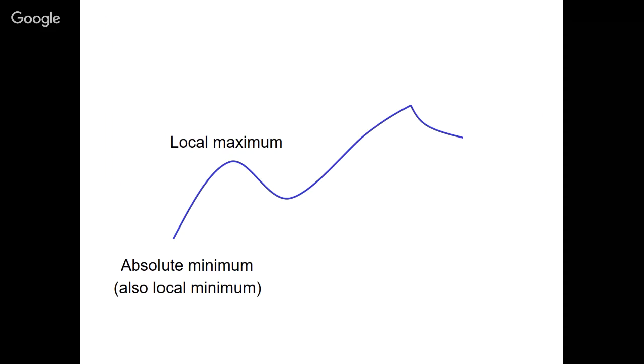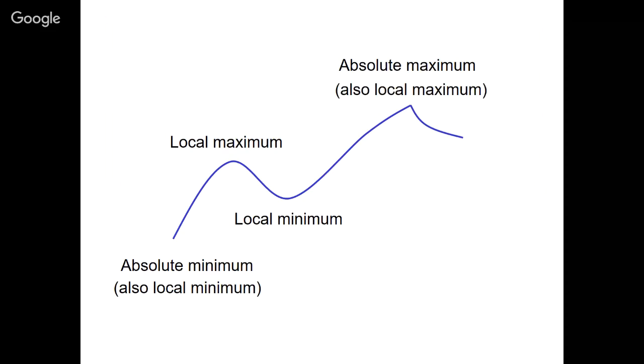And as we move right, we have a local or relative minimum. And then at the very top, we have an absolute maximum. And that absolute maximum is also known as a local maximum because in its neighborhood, it is the highest y value around. And then at the end point, we will have a local minimum or relative minimum.